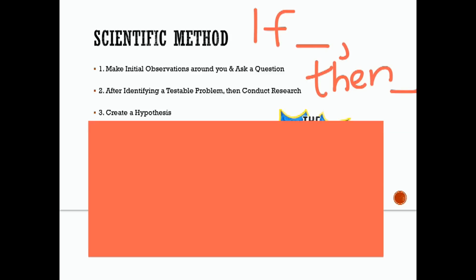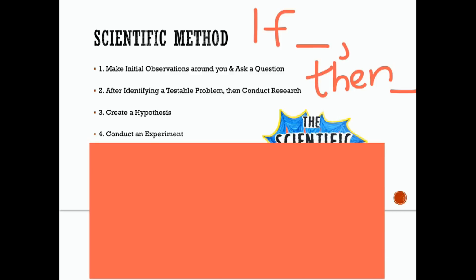So if I add fertilizer to a plant, comma, then its plant height is going to increase. All right, so if I do this, then this is going to happen, and it's what you think is going to happen in your experiment.